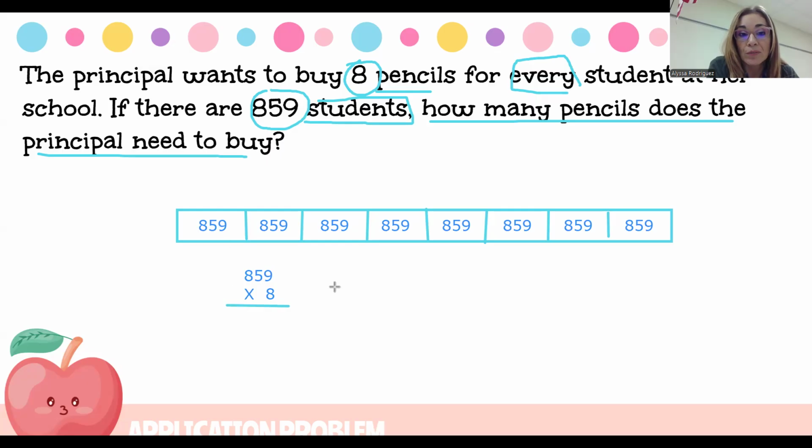So those are your 2 ways of doing it, because she wants to give 8 pencils. Instead of me putting 8 in here 859 times, we can just do, okay, that's how many pencils? 1, 2, 3, 4, 5, 6, 7, 8. So we're just going to multiply.